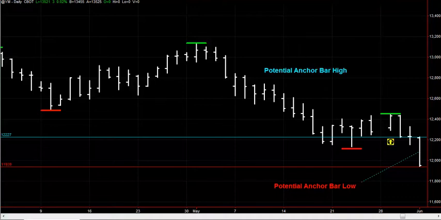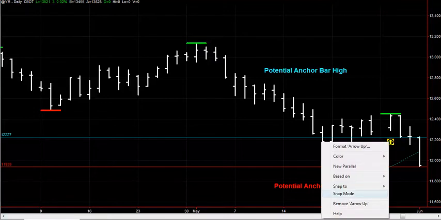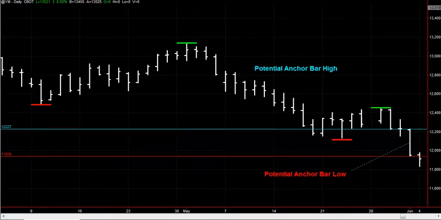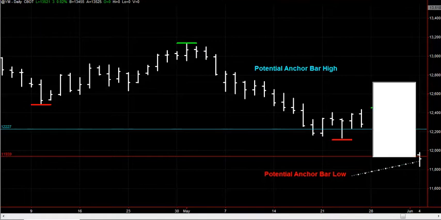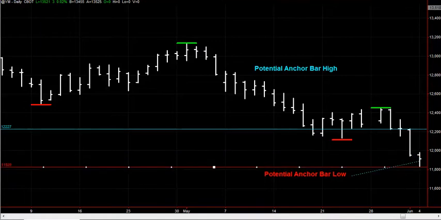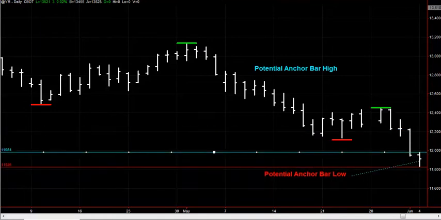Okay, so let's continue. We're waiting for a close above that blue cyan line, and until then we cannot actualize the anchor bar low. So now we move the potential anchor bar low lower, and this will continue until such time as you have a close above the high of the low anchor bar, which is right there.